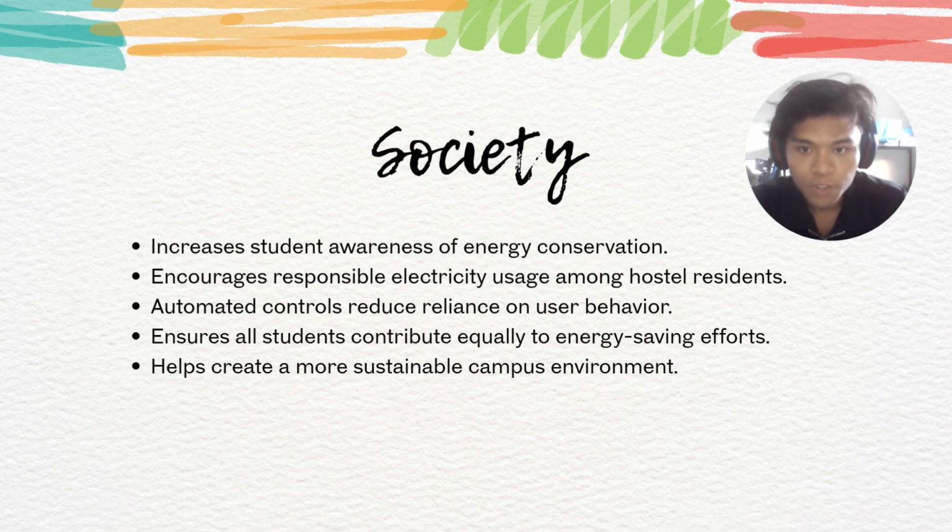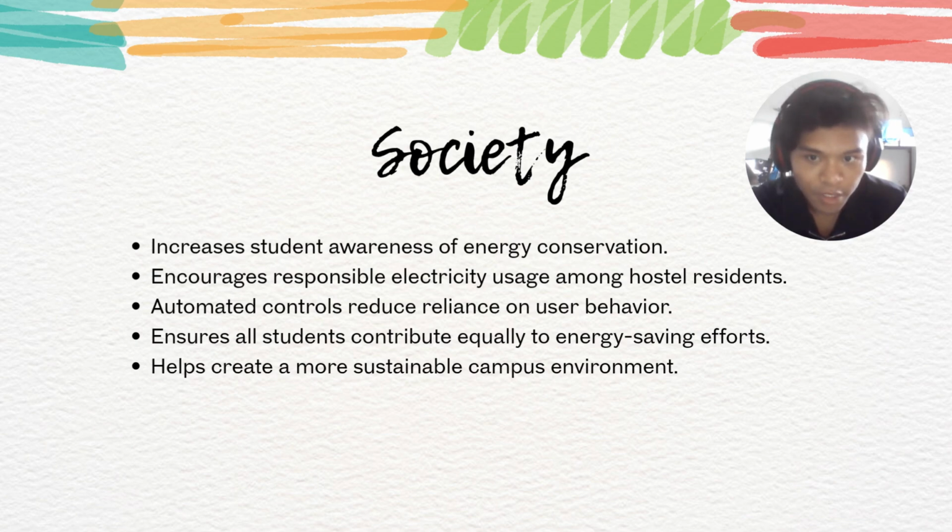For the first point, increases student awareness of energy conservation, which is students become more aware of saving electricity. The next point encourages responsible electricity usage among hostel residents, which is students learn to use electricity wisely. The next point, automated controls reduce reliance on user behavior, which is automated controls switch off unused lights and fans.